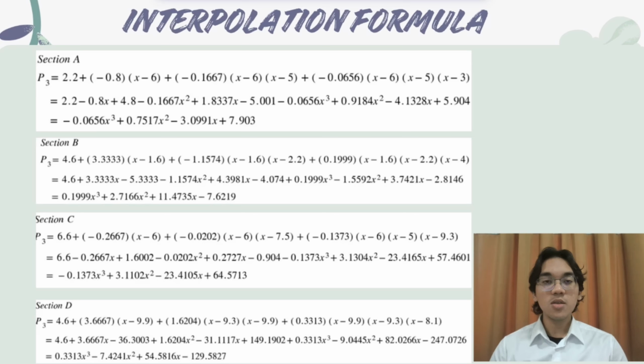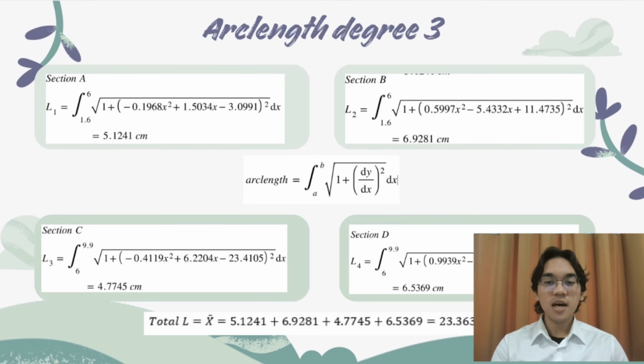My name is Diza Shahmi Bezaidi and I will be presenting the interpolation formula of degree 3. We can now use the Newton forward divided difference interpolation formula of degree 3 for each of the sections A, B, C and D. After applying the formulas, the result from the interpolation will be used to obtain the arc length, which is the distance along the curve of each section.